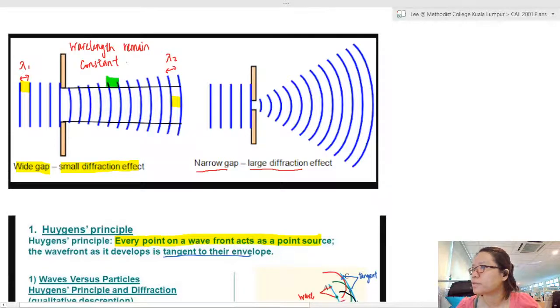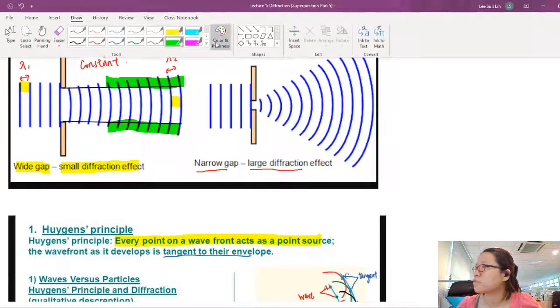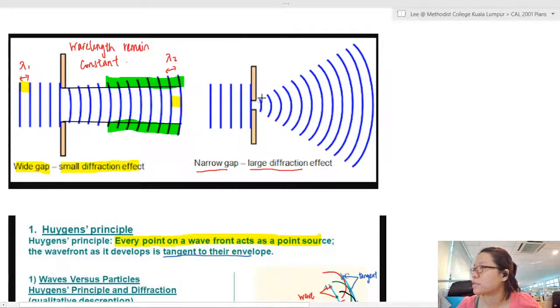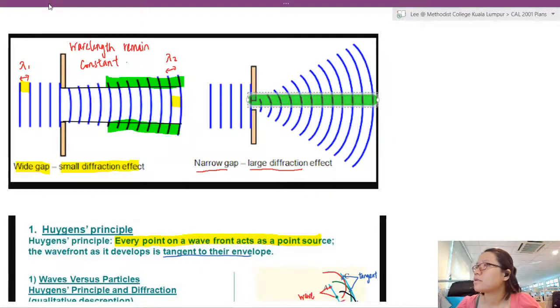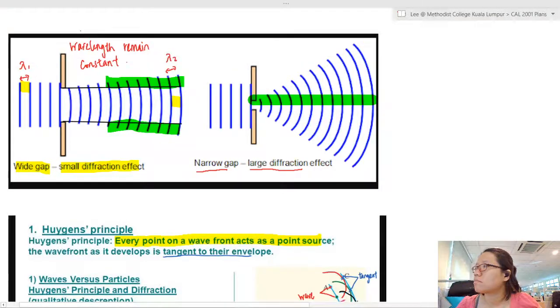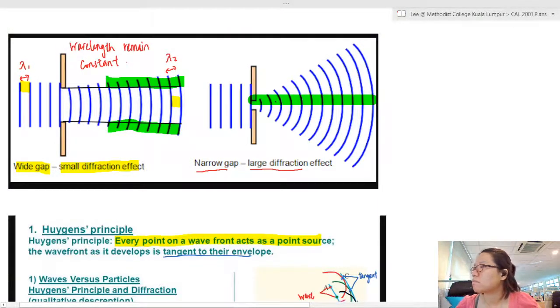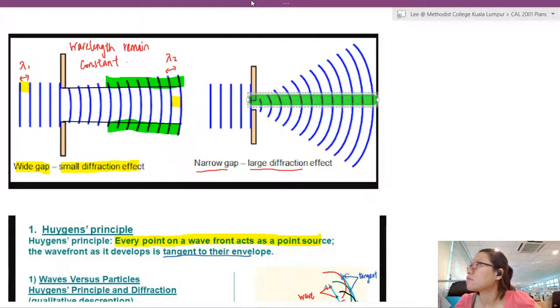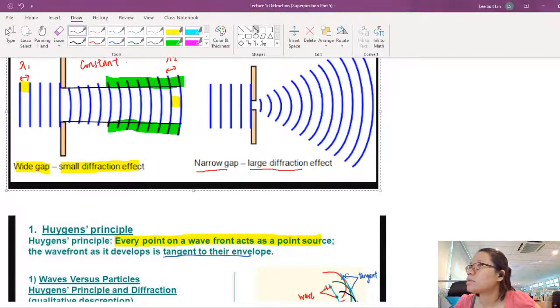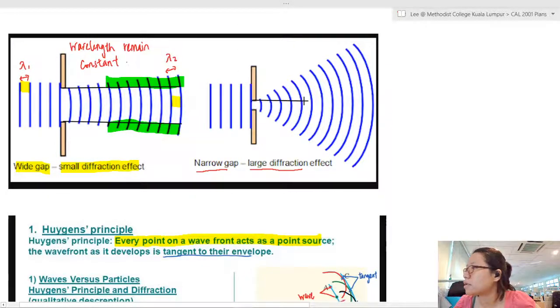Not as much as this one, because if you repeat the process for this tiny gap, what you'll get is something like this.